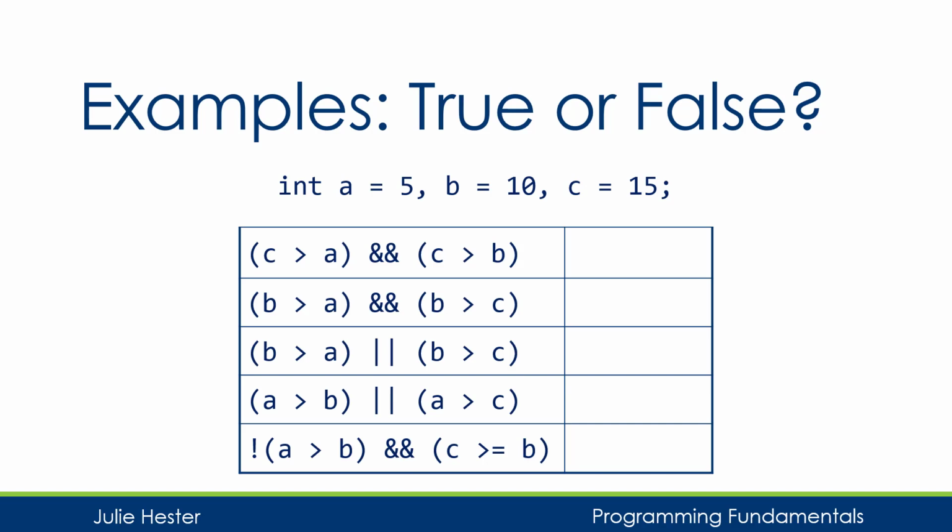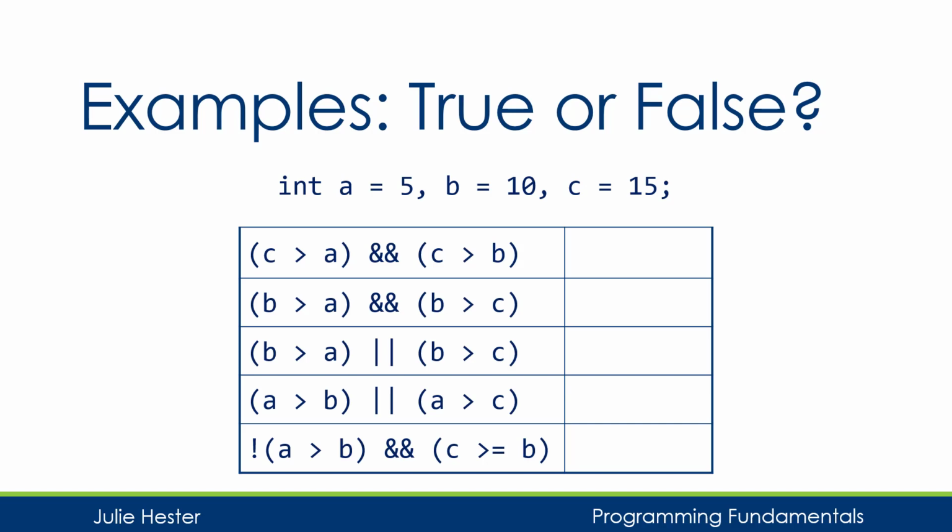So I'm going to say, is 5 greater than 10? Well, that's false. And I'm also going to say, is 5 greater than 15? That's false as well. So we have false or false. So having two falses is going to make the overall expression false.